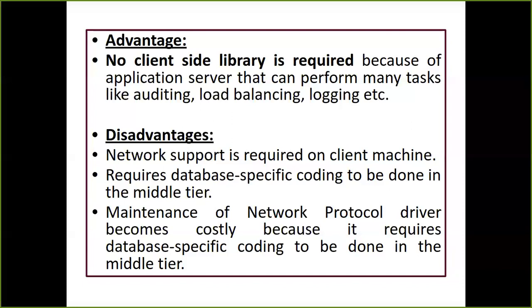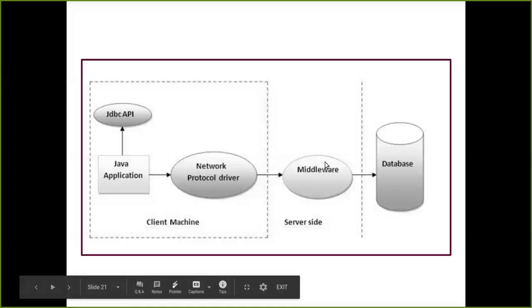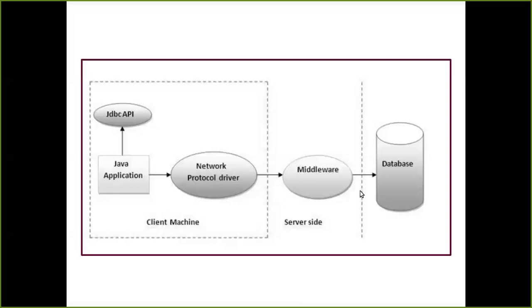Second, they are saying that it requires a database specific coding to be done in the middle tier. So now what does it mean? If I have a diagram like this where I am saying that there is a middleware that is nothing but your server side, which is there in your server side. And I told you this middleware is nothing but it is going to be the server side programming which we are going to do, and that can come in the form of servlet coding.